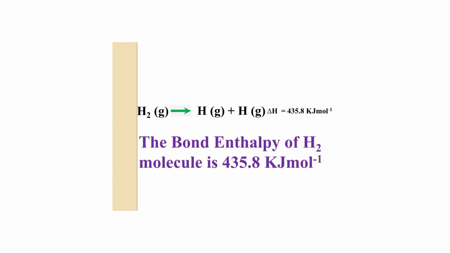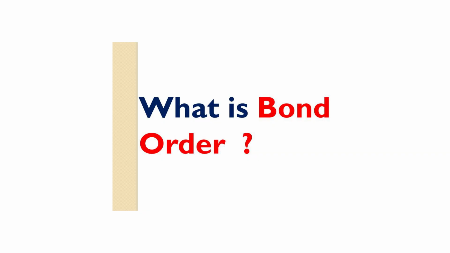The bond enthalpy of hydrogen molecule is 435.8 kilojoule per mole. See the equation. H2 gas gives H gas plus H gas, delta H is 435.8 kilojoule per mole.